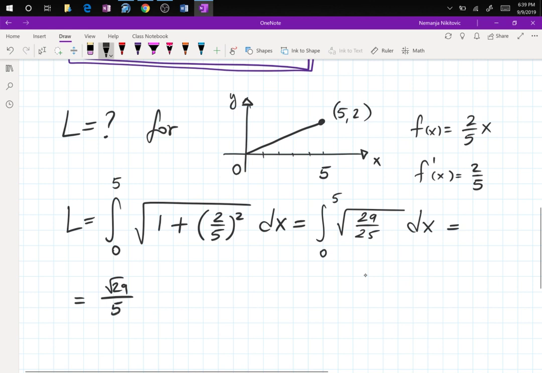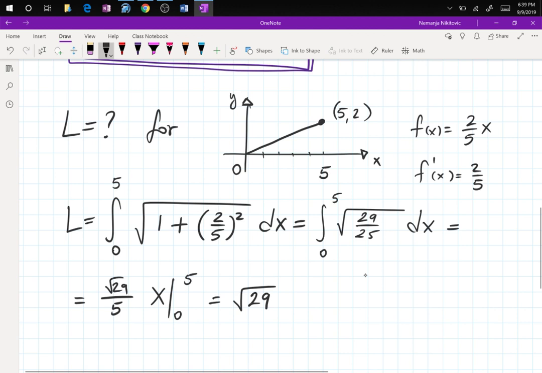The integral of 1 is just x computed from 0 to 5. And the answer over here is square root of 29, because when you plug 5 for x, you will get 5 and the 5s cancel. And when you plug in 0, the whole thing dies. So the answer is just square root of 29.